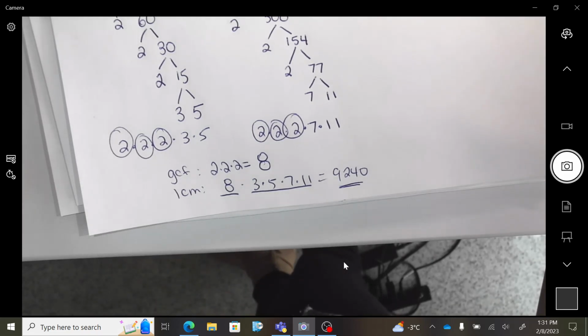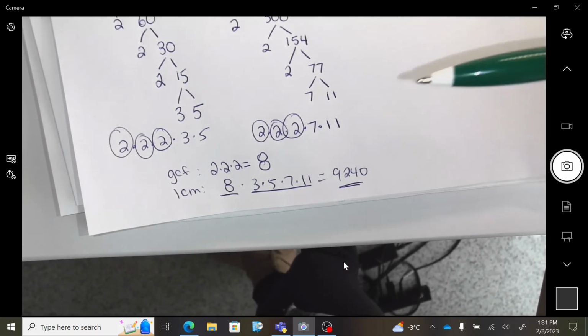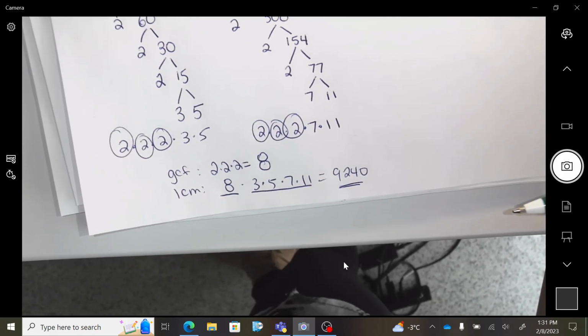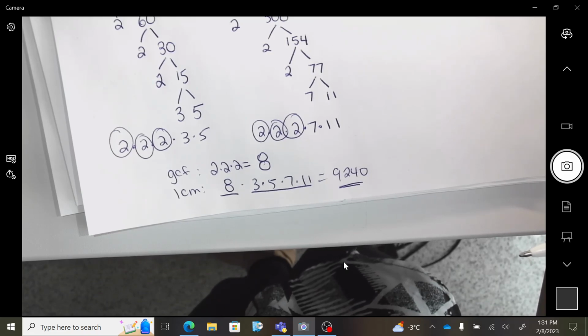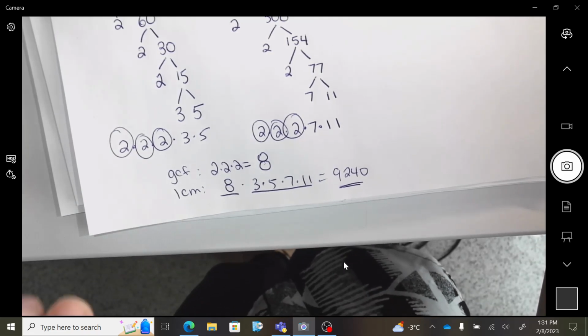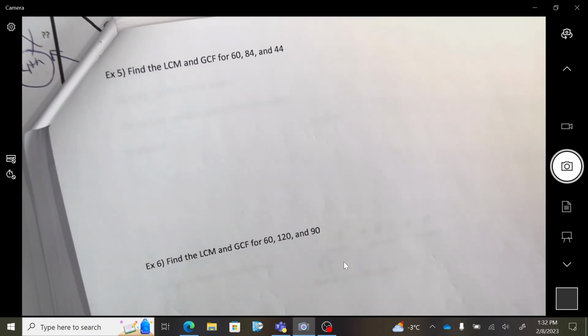Okay. Are you okay if I skip the next example? I'm going to do one more, but I'm going to do it harder. Is that okay? If I skip to the next level? Because this is 3 numbers now.